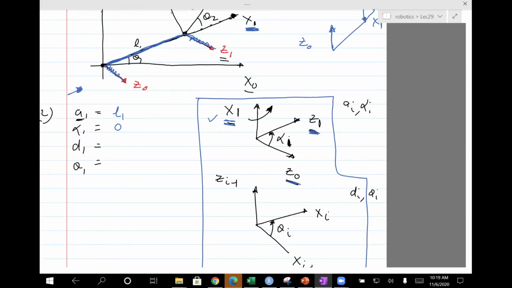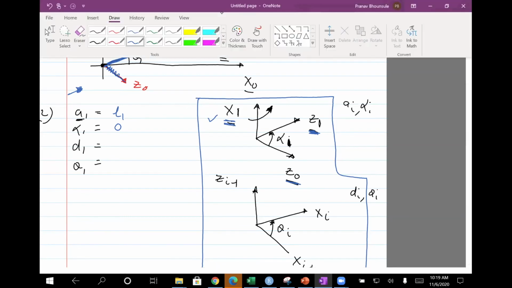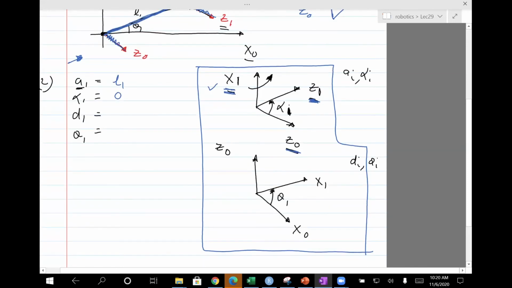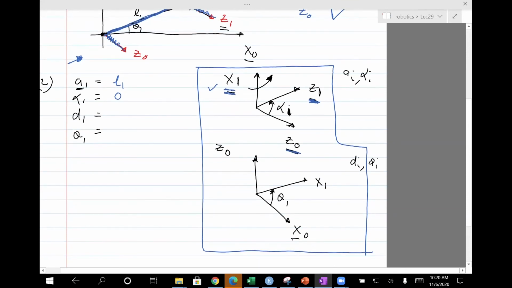Similarly, for the second part, we replace i with 1. Here we'll have z0, and then x0, and this will be x1, and this will be theta 1. Now let's get d1 and theta 1. d1 is the distance from x0 to x1 measured along z0.